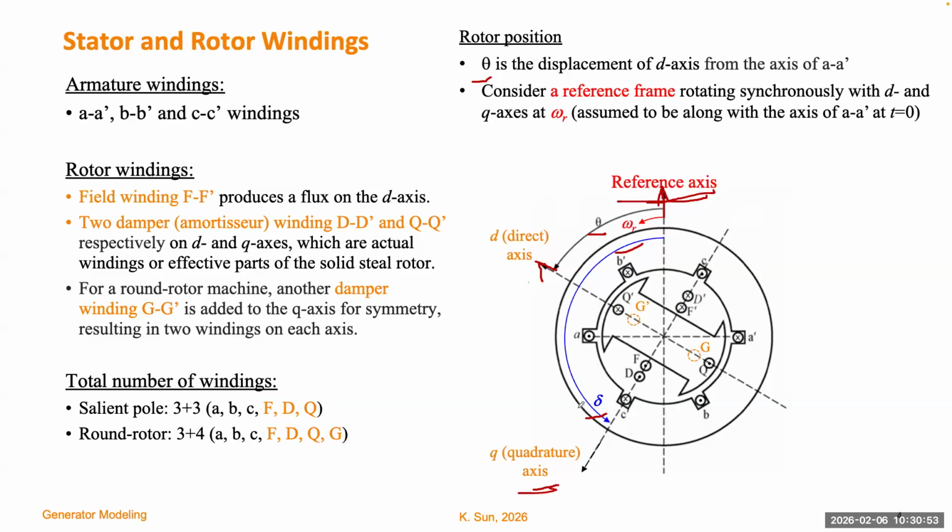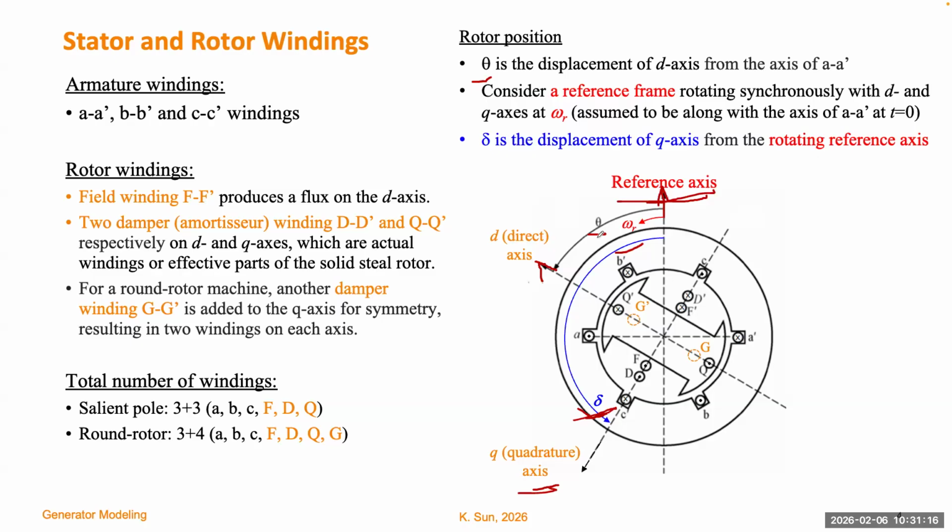So delta will be very useful. Delta can be estimated or measured using just voltage or current, but it's very hard to know anything about theta, and theta is not useful at all. Okay, so delta is defined to be the displacement of the Q axis from the rotating reference frame.